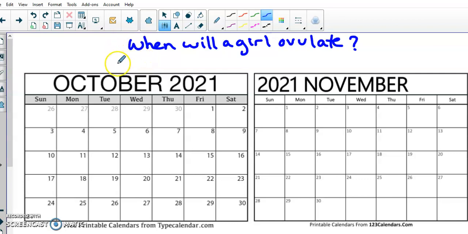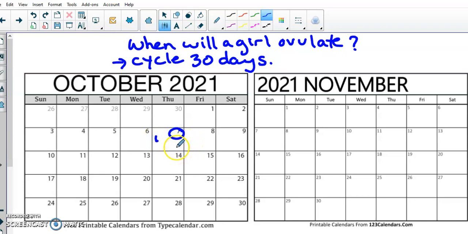Let's continue with that. The cycle of that girl, let's call her Barbara, is 30 days. And she needs to know because she's going on vacation and she does not want to have her period when she's on vacation. All right, so let's say I tell you she starts her period today, which is October 7th. That's her day 1.